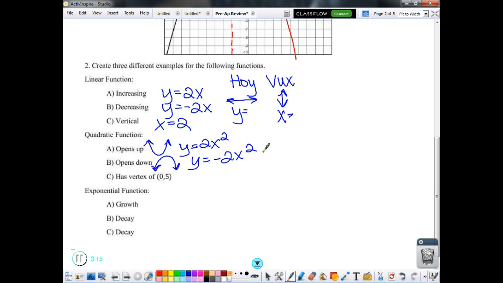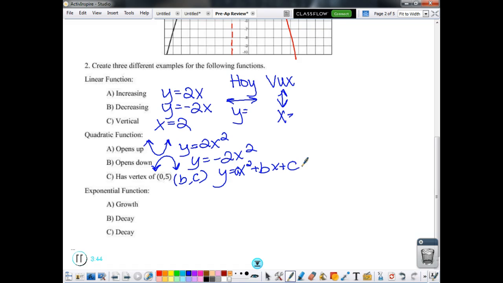Then has a vertex of 0, 5. So what did we talk about when b is 0, right? When b is 0, then your vertex is (0, c), right? And now if our function is ax squared plus bx plus c, I didn't say anything about opening up or down.